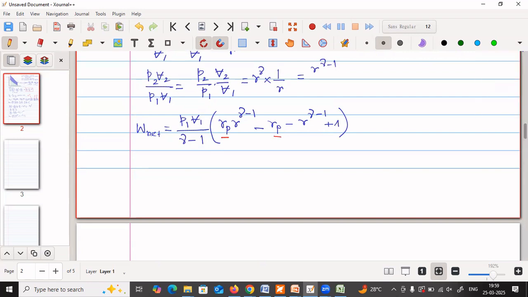Therefore, it will become P1 V1 by gamma minus 1 whole multiplied with Rp, R to the power gamma minus 1 minus 1, minus, if I take 1 common from this, R to the power gamma minus 1 minus 1.